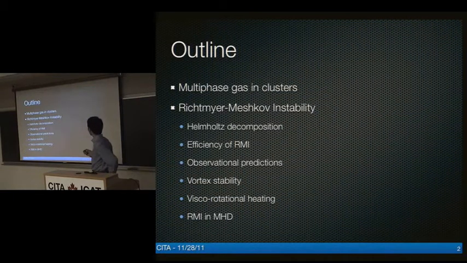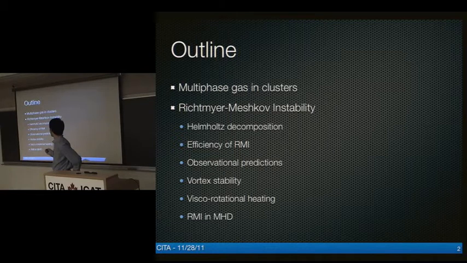So, quick outline. I'll motivate why we think there's multi-phase gas in galaxy clusters, and how the presence of bubbles and relativistic plasma in clusters can affect the thermodynamics and the dynamic evolution of the intergalactic medium.